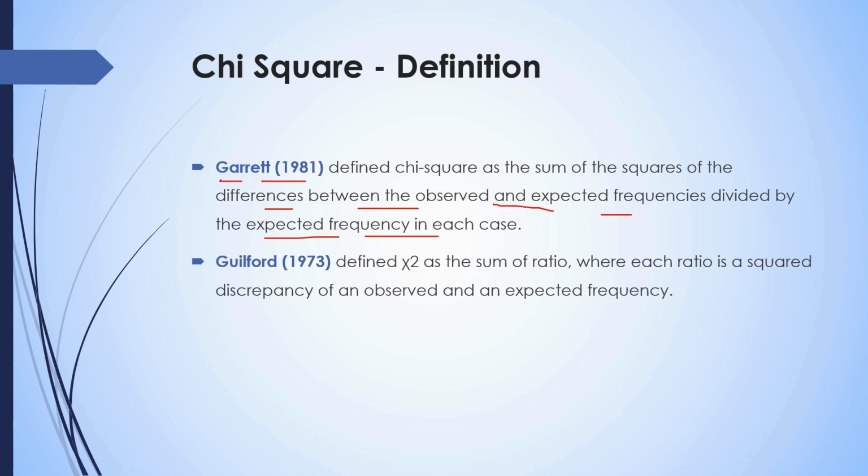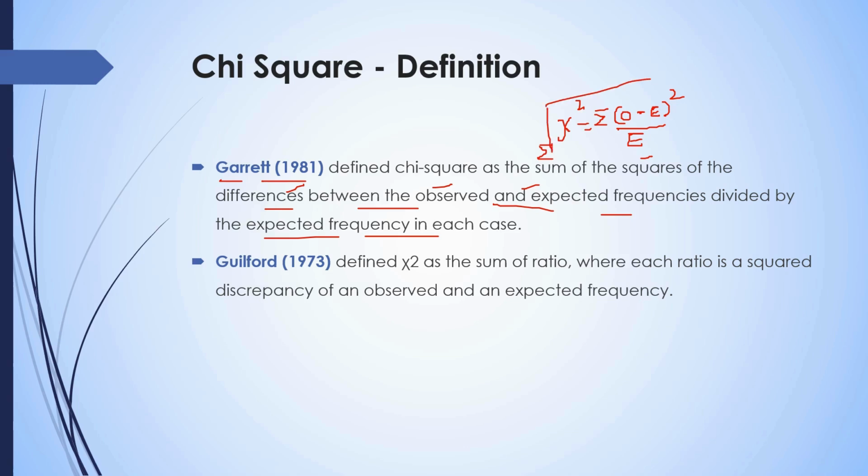So chi-square is the sum, which we denote with sigma, of the squares of the differences between the observed and expected frequencies, divided by the expected frequency in each case. See, this is the formula of chi-square. Chi-square is sum of observed frequency minus expected frequency whole square divided by expected frequency.